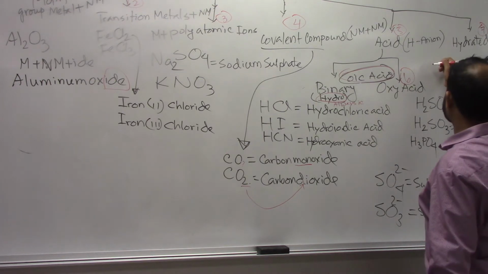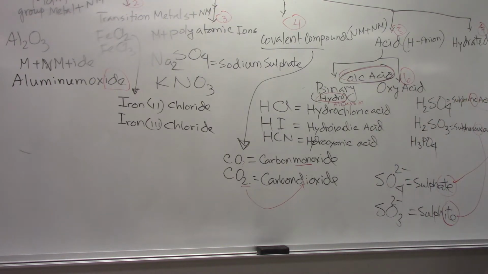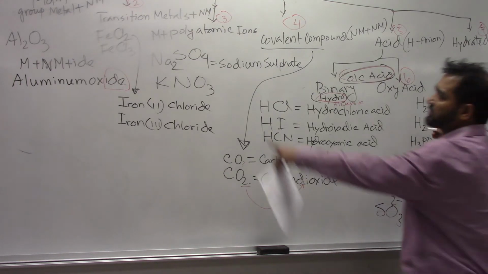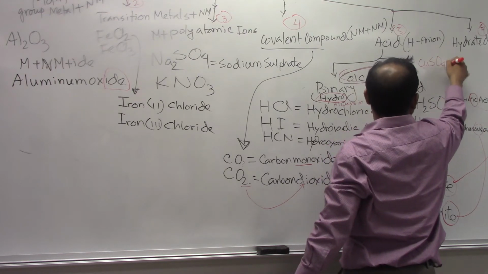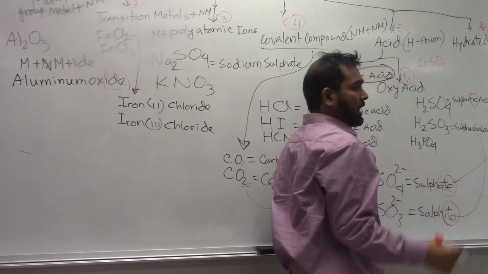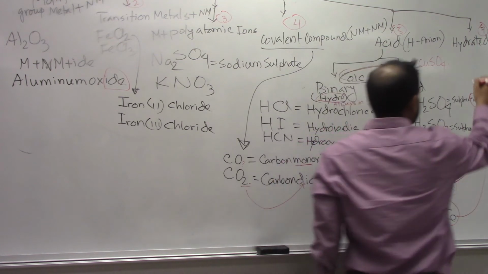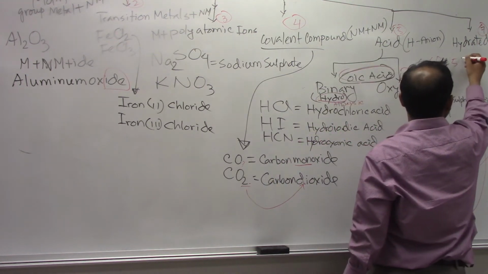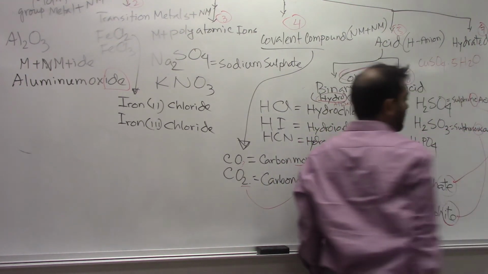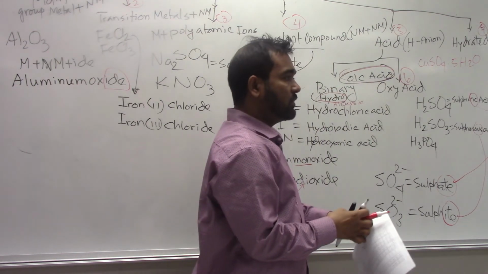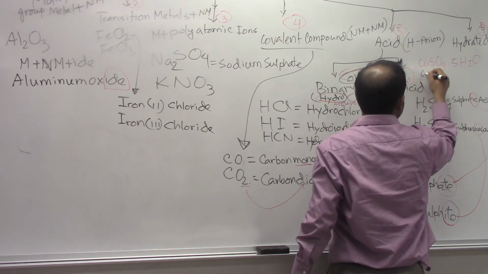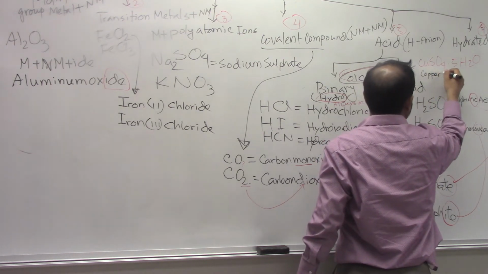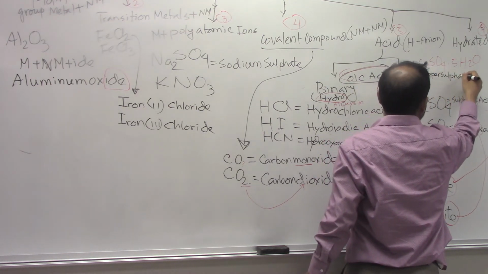Just as salt. What does salt mean? Any cation and anion together. For instance, sodium sulfate is a salt, or copper sulfate is a salt. So there is some molecule that has some water bound with it. That would be 5. Copper sulfate has 5 water molecules. The name would be copper sulfate pentahydrate.